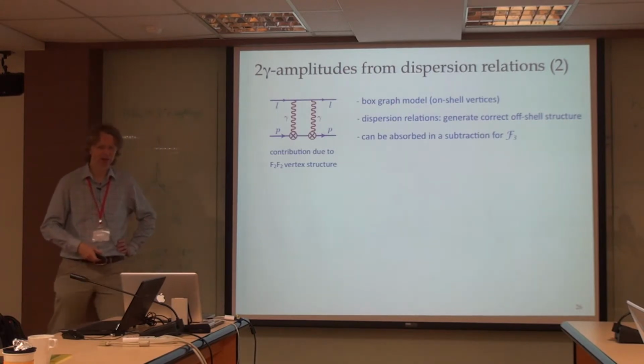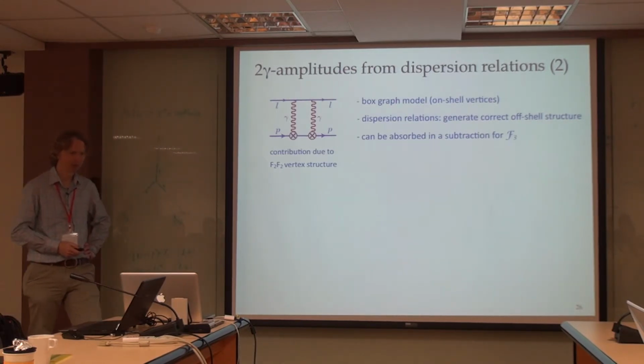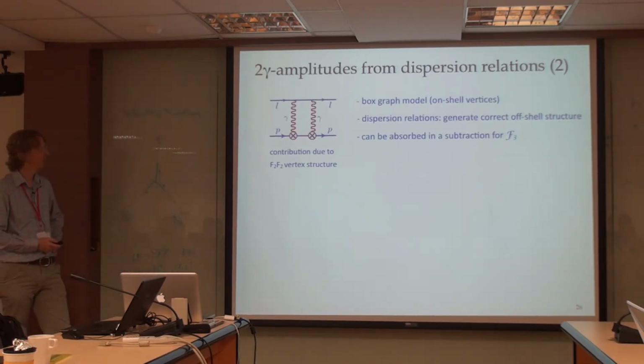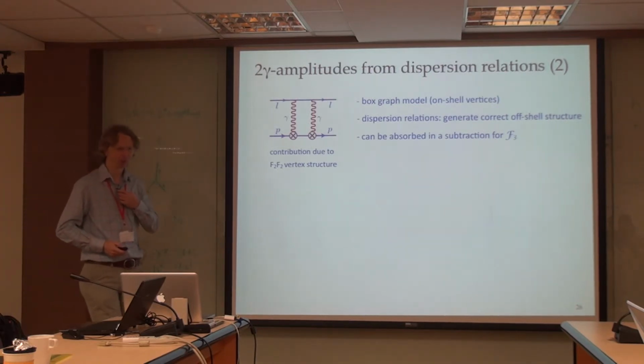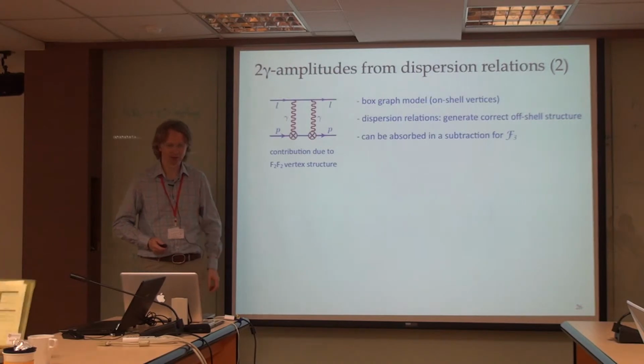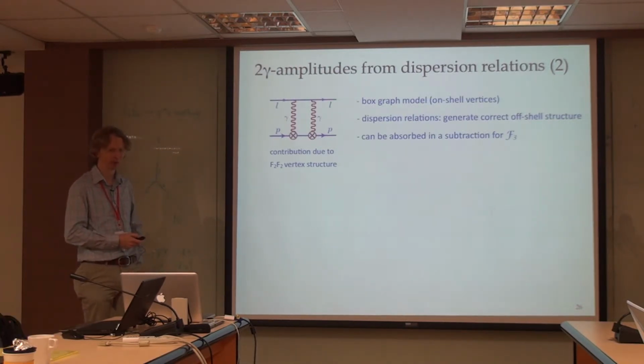Now, in practice, this has been implemented only partially, because it's more complicated here. So I will show you, just for the sake of this lecture, a simple application where one can compare directly with a loop diagram calculation.